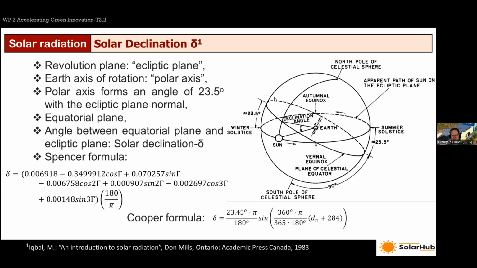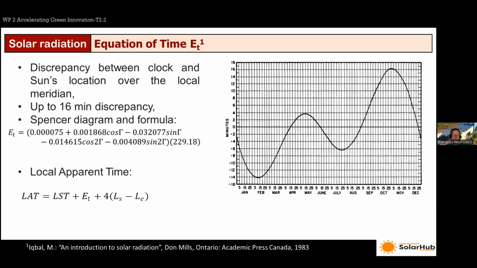So the angle between the Earth's equatorial plane and the ecliptic plane forms this declination angle, which is notated as delta, and it's given also by a long formula, but it can also be simplified and calculated based on another simpler formula, the Cooper formula, for that matter, which gives delta in a much simpler way, also as a function of the day number again.